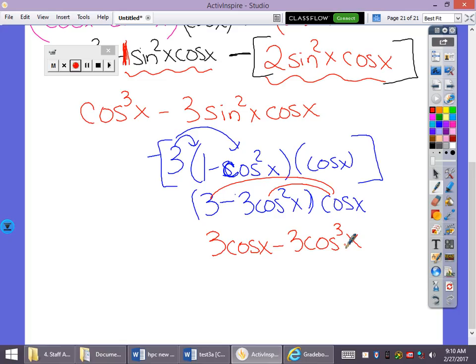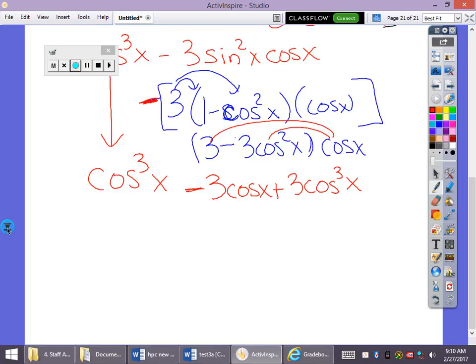Now I have to distribute the negative right here, so this becomes negative and this becomes positive, and I'm going to bring this guy down. Now what do you notice? I have these match. So that gives me 4 cosine cubed x minus 3 cosine x.